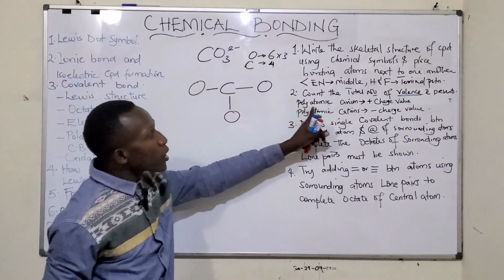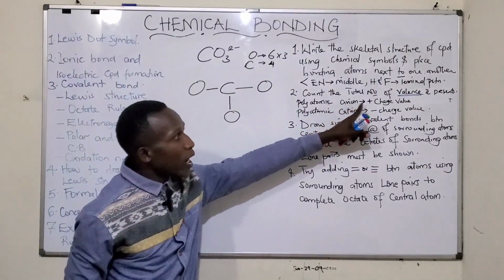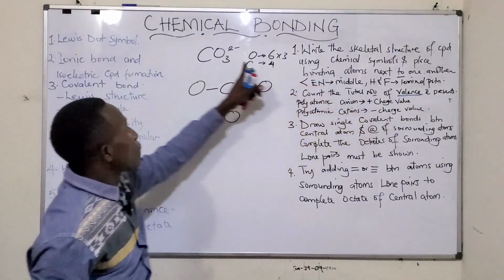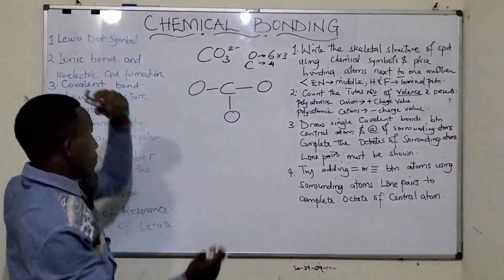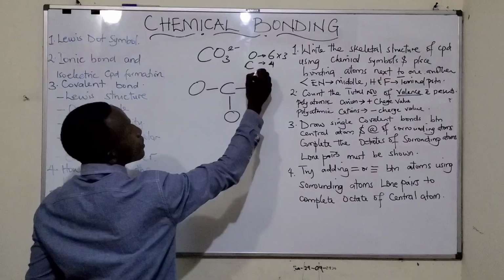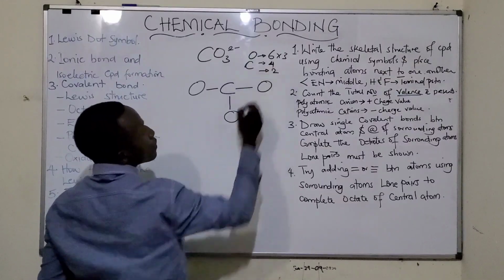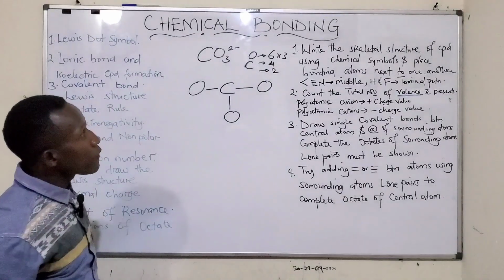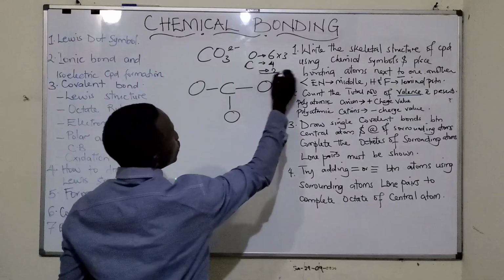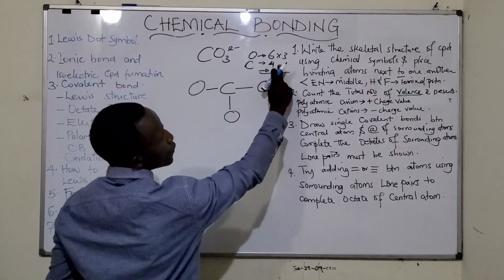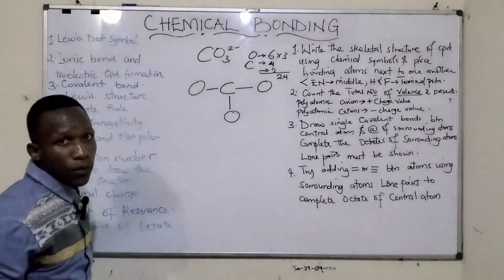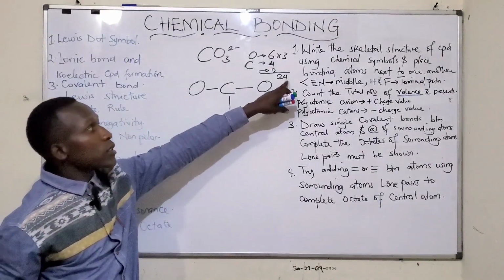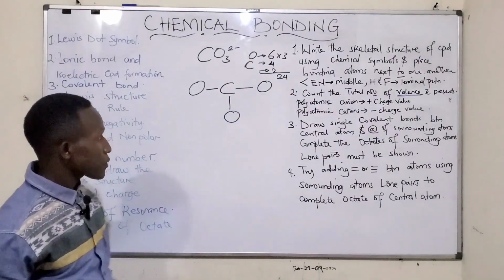But we say that for polyatomic anion, we add the charge value. Now, this is polyatomic and it is an anion, meaning that we add 2 to the total number of valence electrons. So we shall have 18 plus 4 plus 2, which is 24 electrons. So we are going to use 24 electrons.